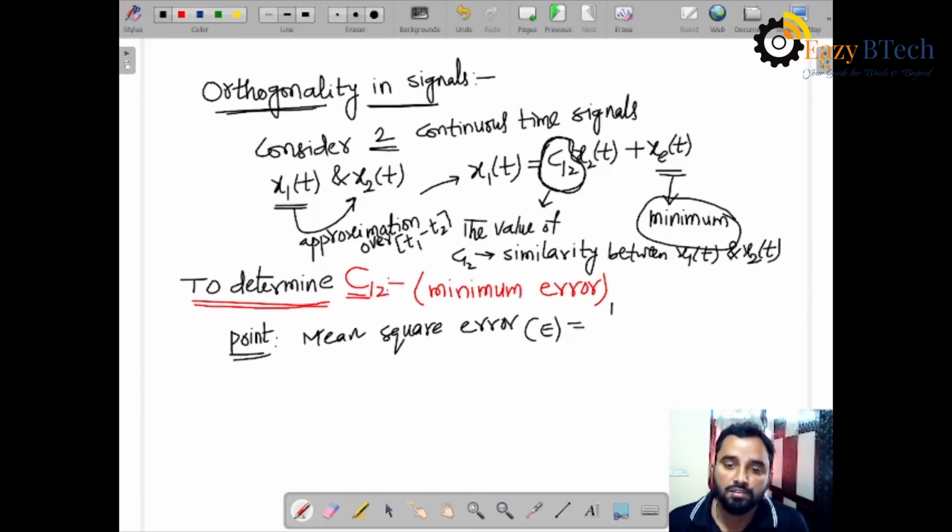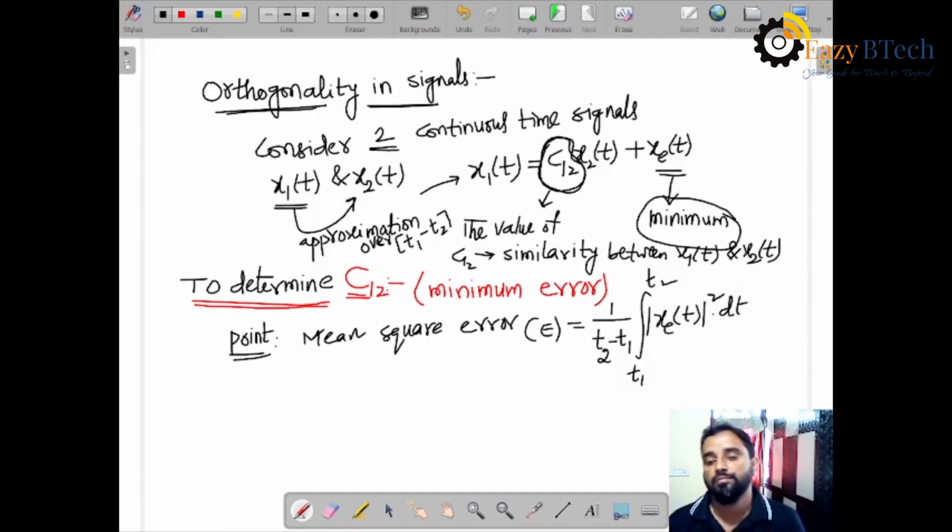Epsilon is equal to 1 by T2 minus T1 integral T1 to T2 mod xe square dt. See here, mean square error means square and mean: integration and dividing by the interval T2 minus T1. It is the mean square error epsilon.